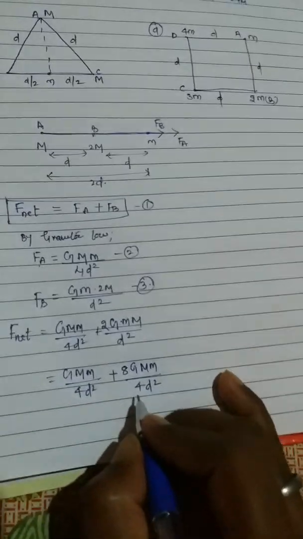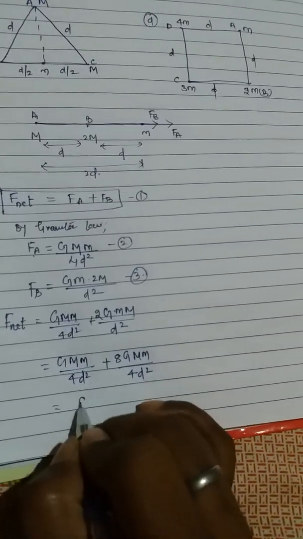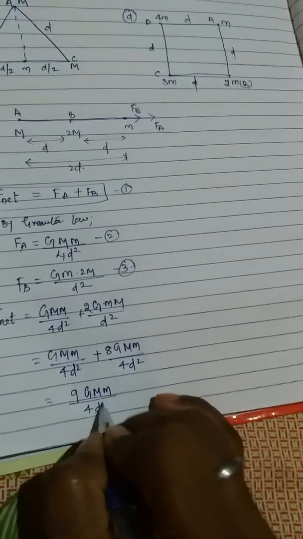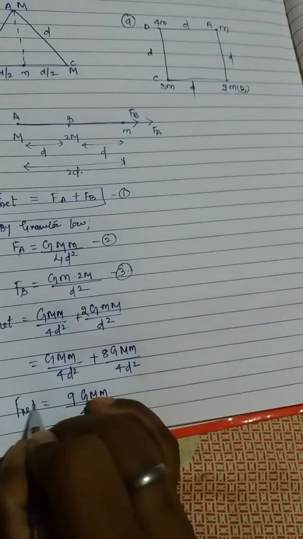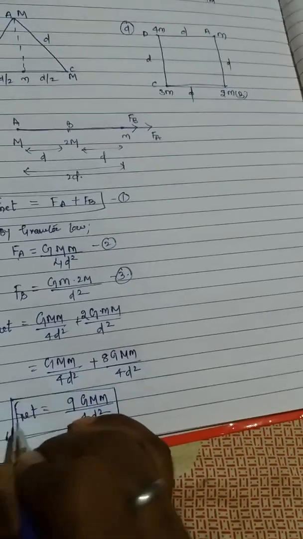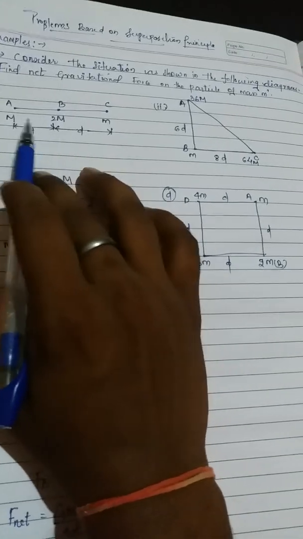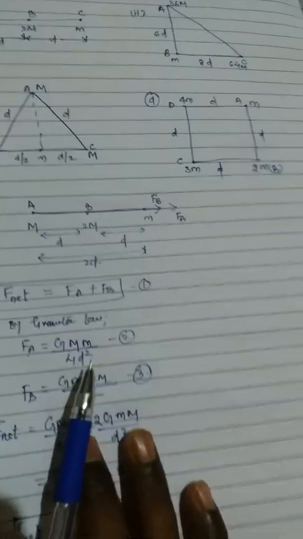The denominator is the same, so the numerators get added, and this is equal to 9G capital M small m by 4d square. So this is the net force acting on mass small m because of these two particles having mass M and 2m. So this is your first problem. I hope you all understood.